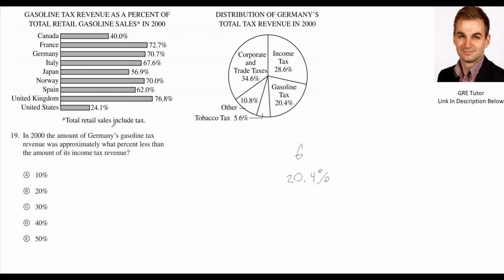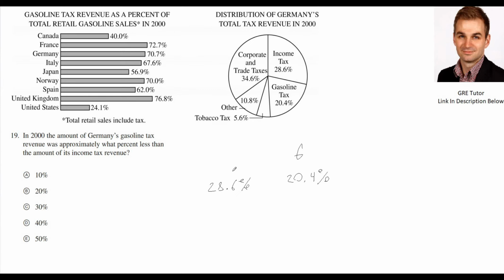That's gasoline. They want to know approximately what percent less this is than the income tax revenue. The income tax revenue is right here, so this is 28.6%.